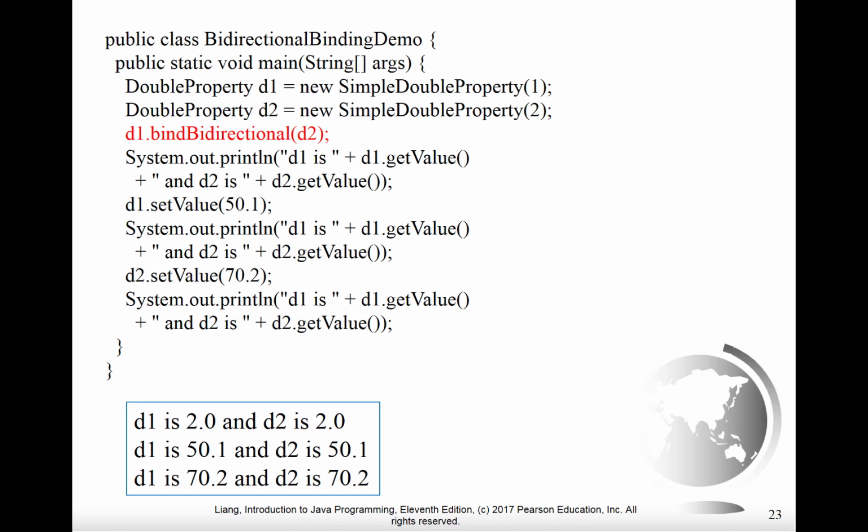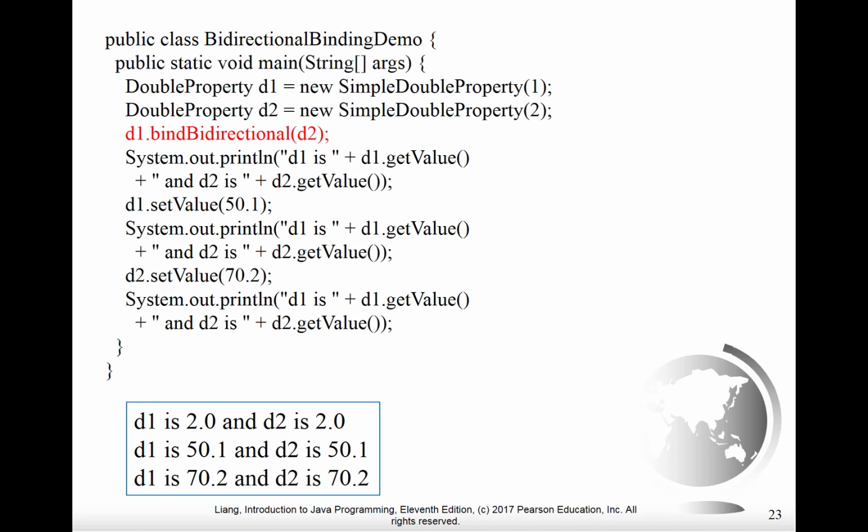But because we do the bind, even though it's bidirectional, because we have D1 initially as the calling object, and D2 is the passed object acting as a parameter, the first effect is for D1 to be bound to D2 and change its value. But after that, there's no difference between D1 and D2.